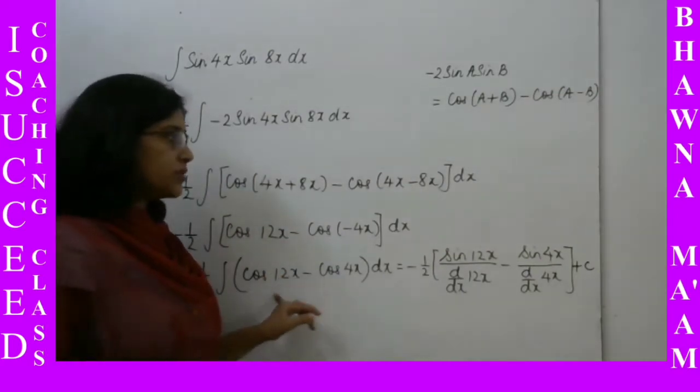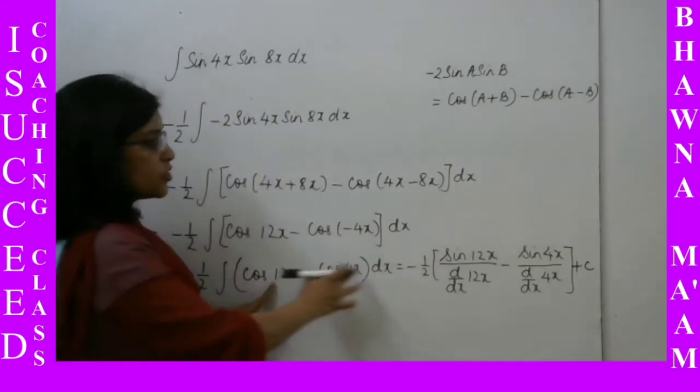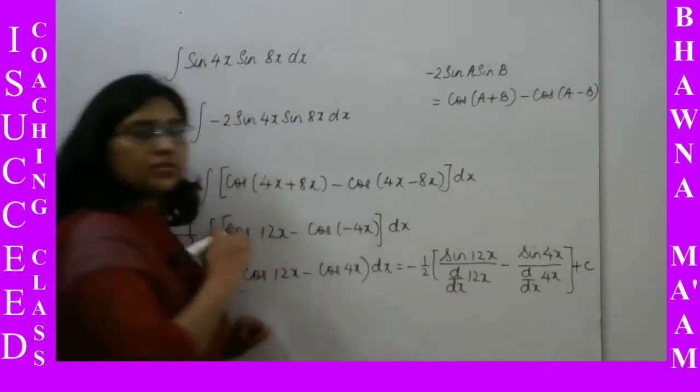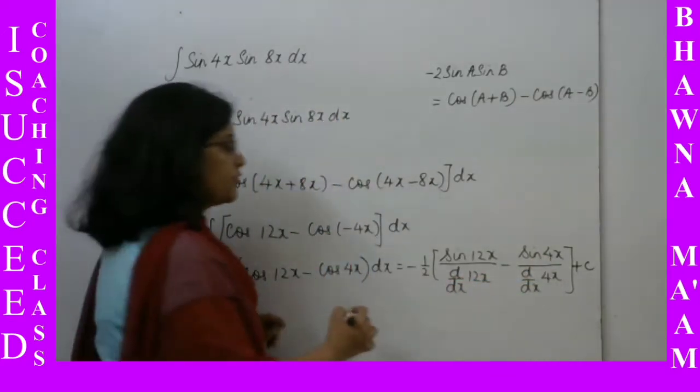The integration of cos 12x is sin 12x, and because once again this is 12x and this is x, we divide by its derivative in the denominator, and the same applies for the other function. Let's see what the final answer is.